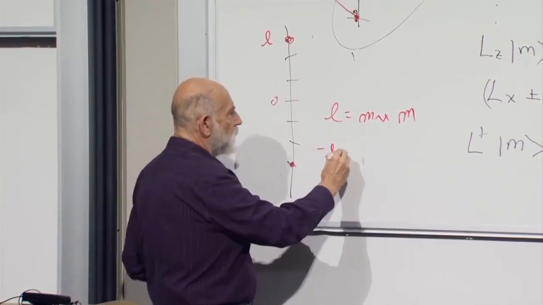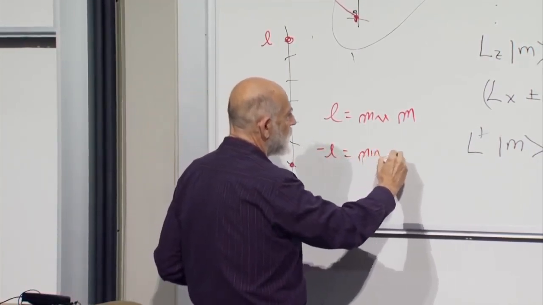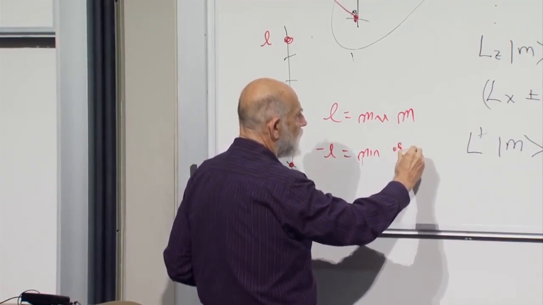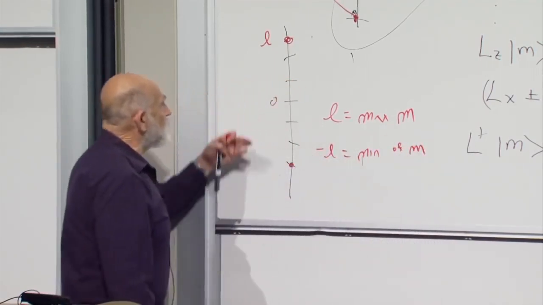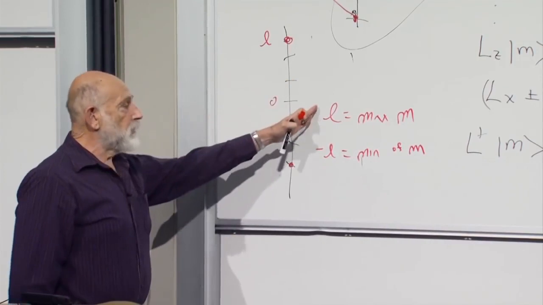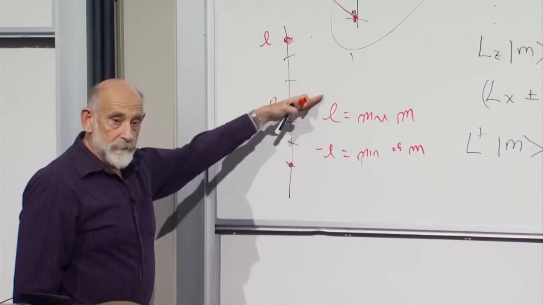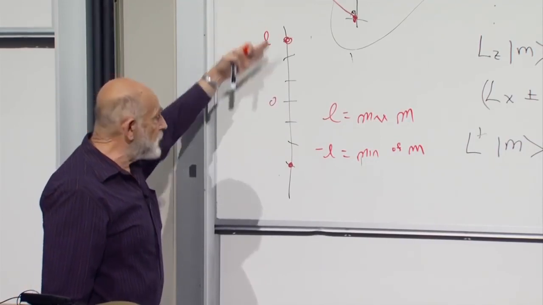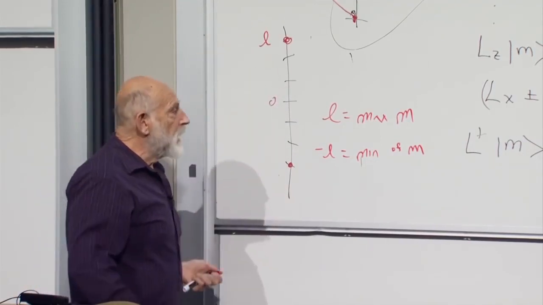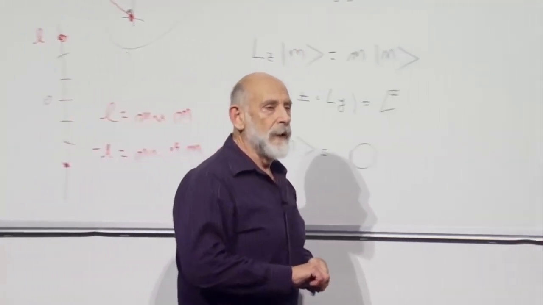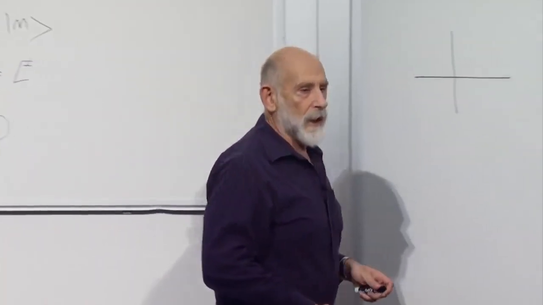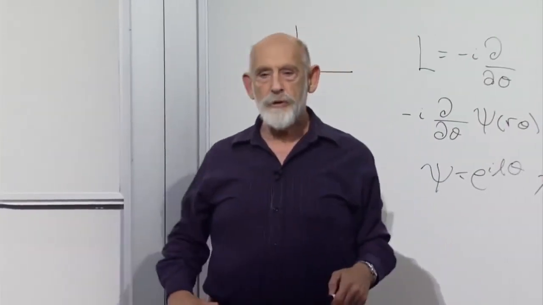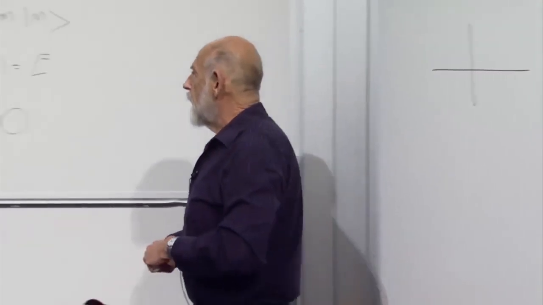Minus L is, of course, the minimum value of m. And so the values of m go from minus L to plus L. And then nothing beyond that from above, nothing beyond it from below. How many states is that altogether? If you go from minus L to plus L, 2L plus 1. Okay?